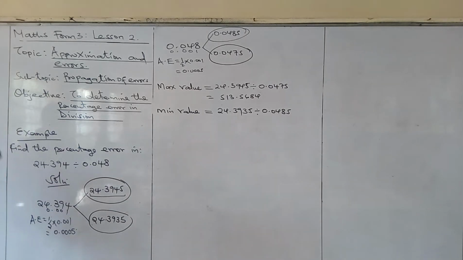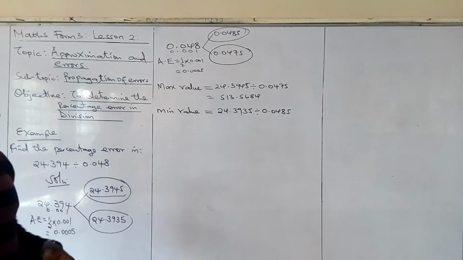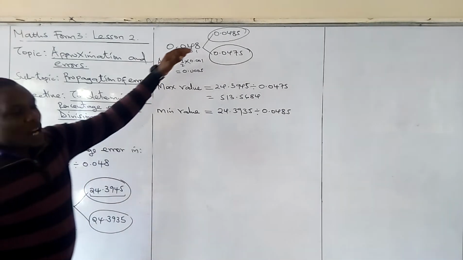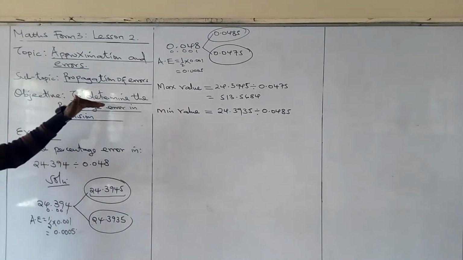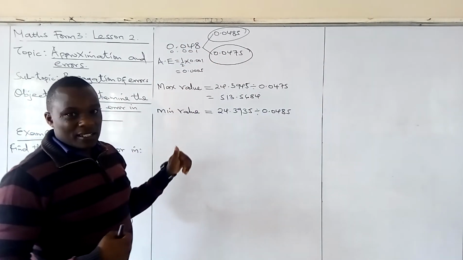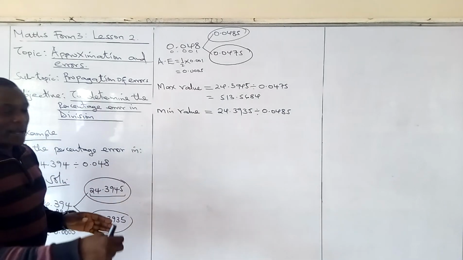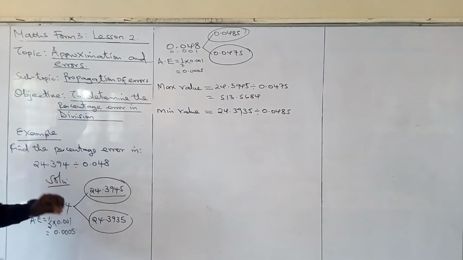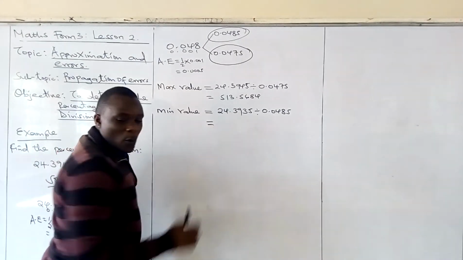In multiplication, we took upper multiplied by upper, and then lower multiplied by lower. But in division, we take the upper limit divided by the lower limit, then the lower limit divided by the upper limit. That's the difference.